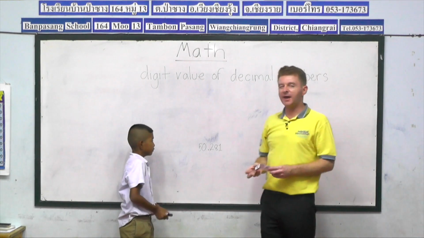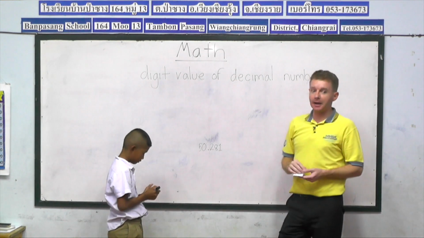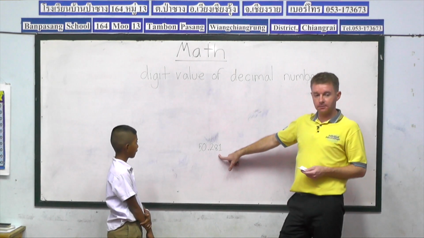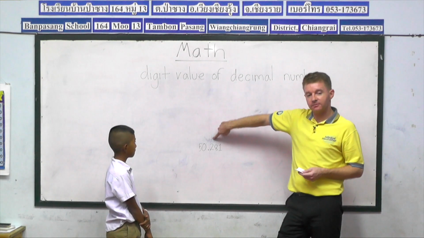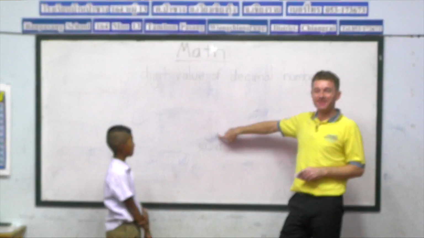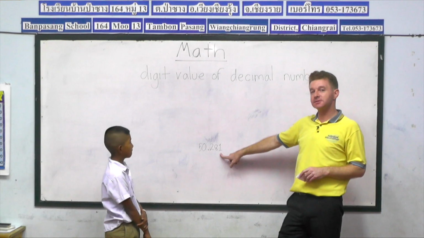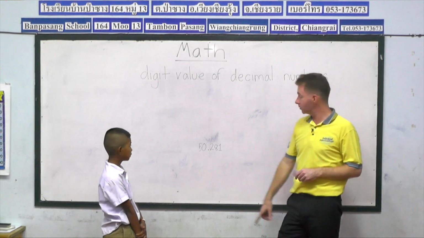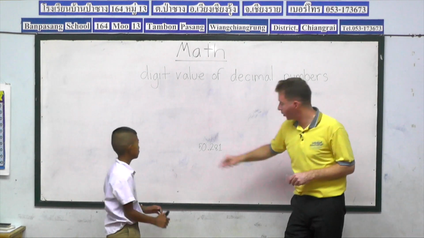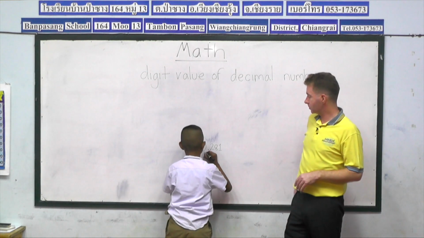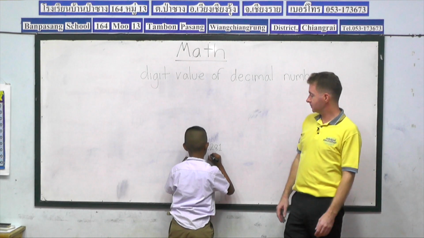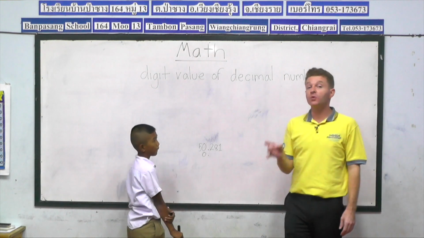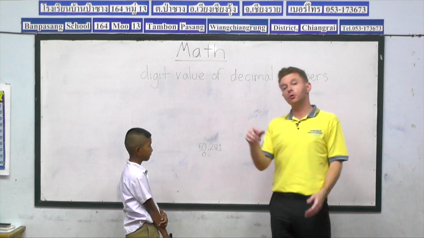Excellent. Okay, now first of all, who can remember the place value of the 1? If we've got tenths, correct, well remembered, guys, thousandths. So for this number, we need to work out the digit value. So always start 0 point. And then we just carry on with zeros all the time until we reach the 1.